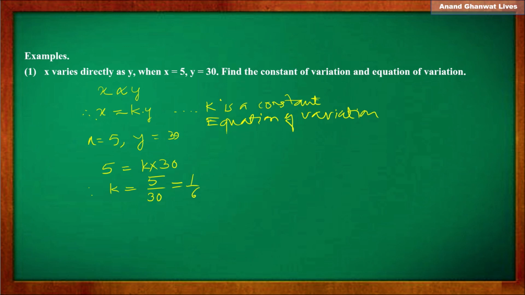Now write this constant of variation in the equation. The equation is X is equal to K into Y, and therefore X is equal to 1 upon 6 Y, and hence the equation of variation is 6X is equal to Y. That is the equation of variation.